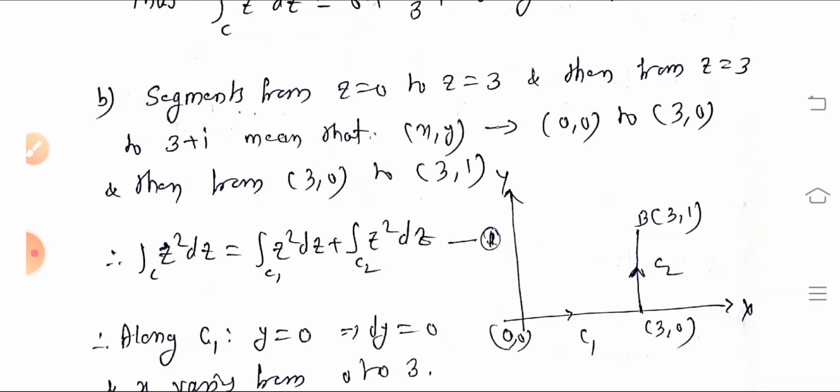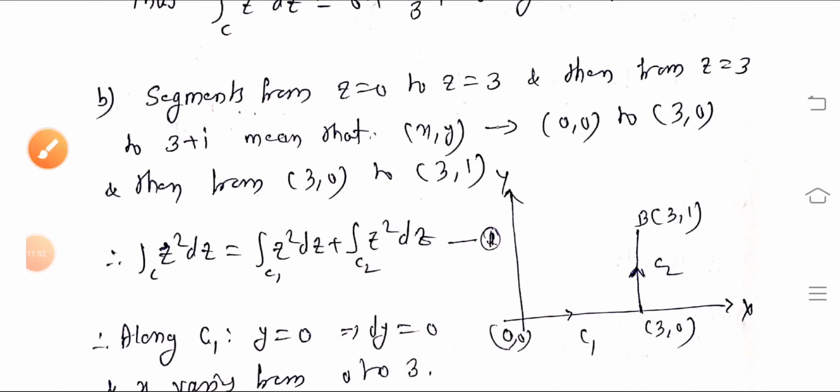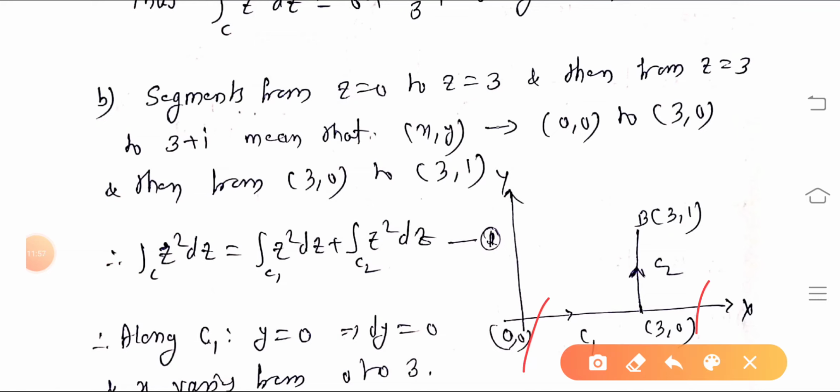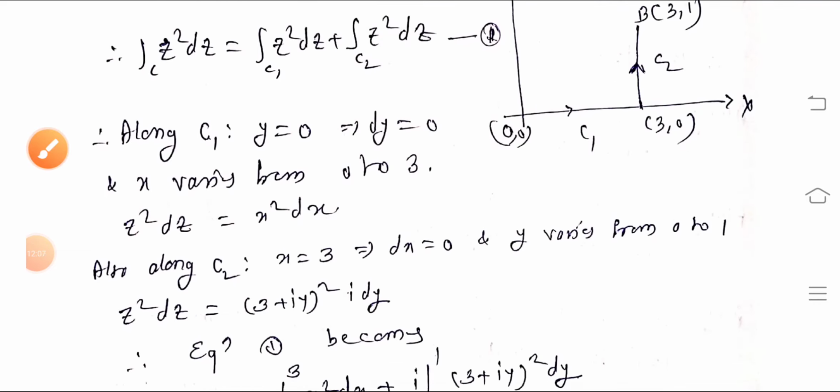Now along c1, y should be 0, because throughout this line y is equal to 0, and y equal to 0 means dy is also 0, and x varies from 0 to 3.